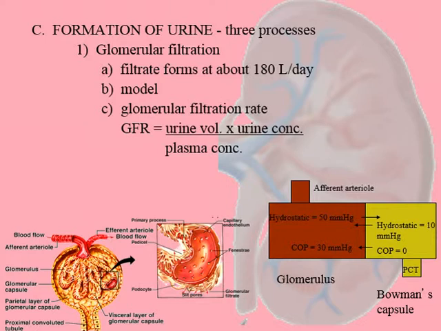So let's assume that the person was forming 720 mils of urine per day, and that the concentration in the urine was 2 milligrams per milliliter. Right?